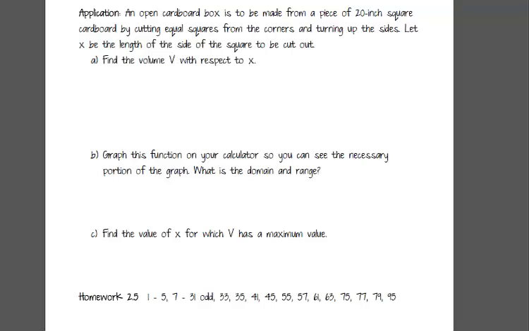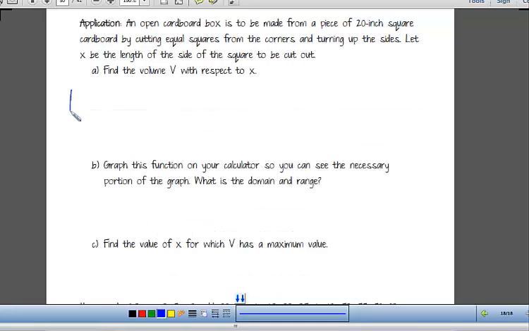And remember, we started out with a piece of paper that was 20 by 20. Okay, so that means the length over here is 20. And then, of course, the length right here would be 20 inches.